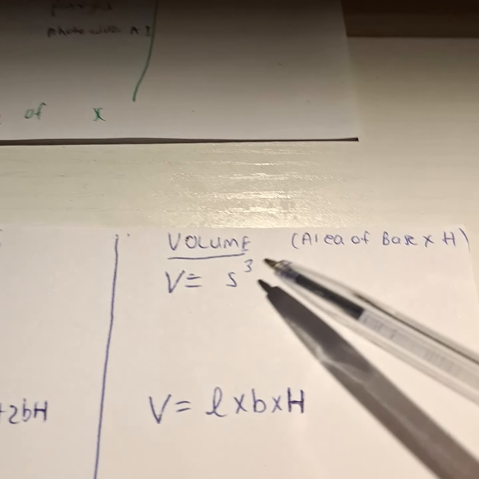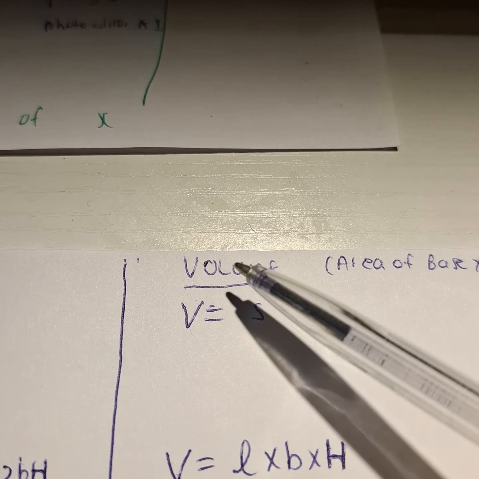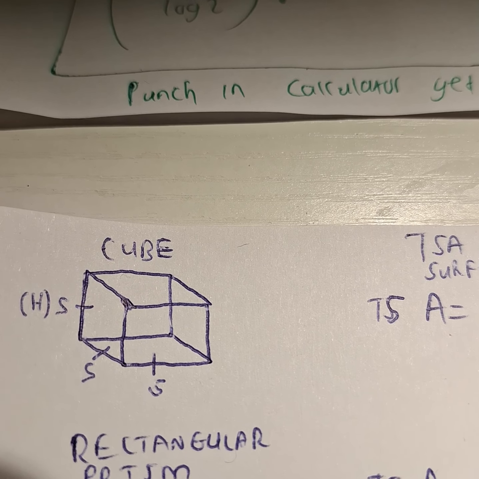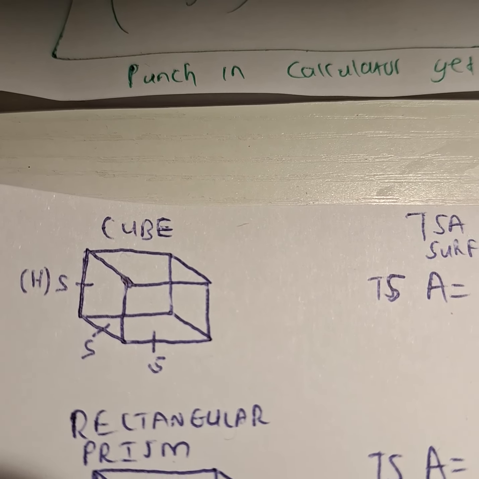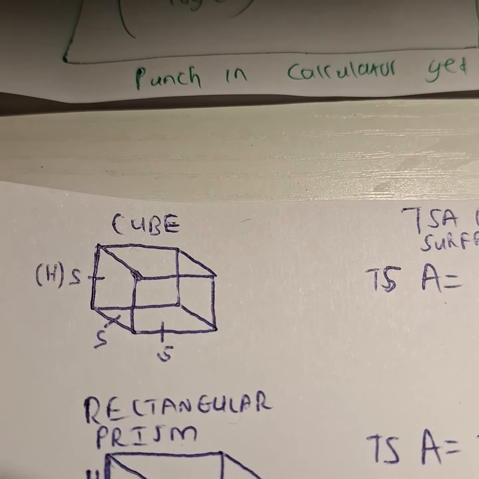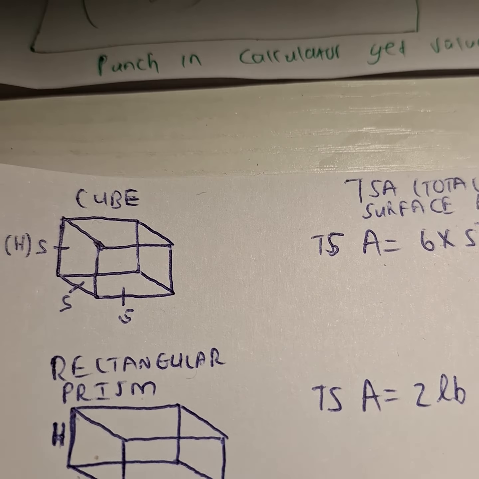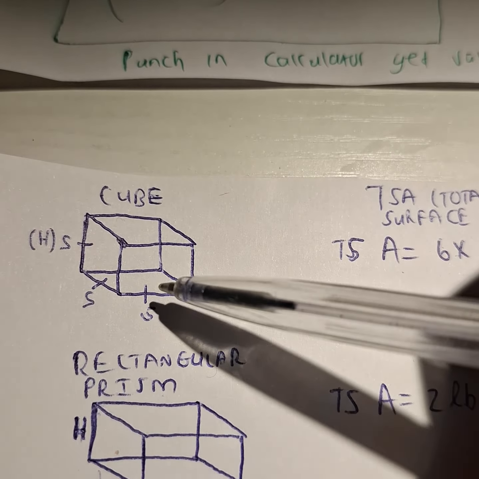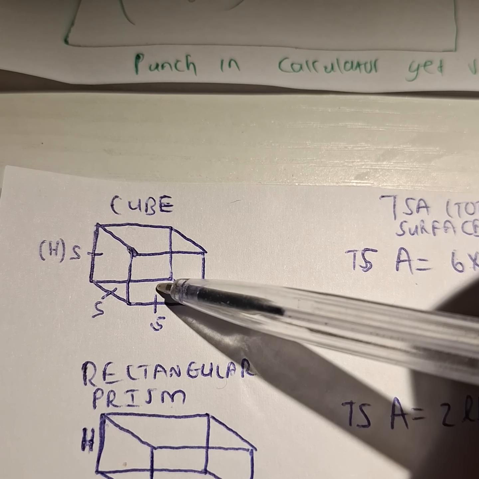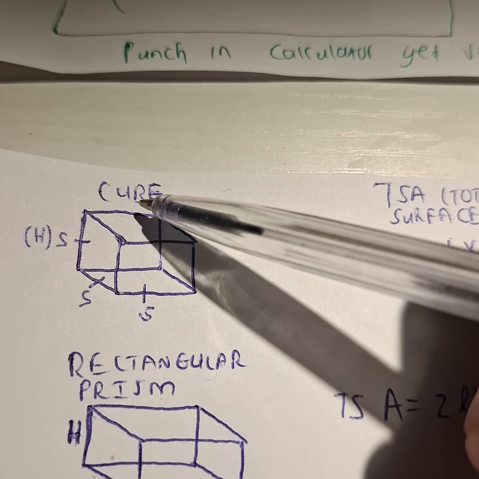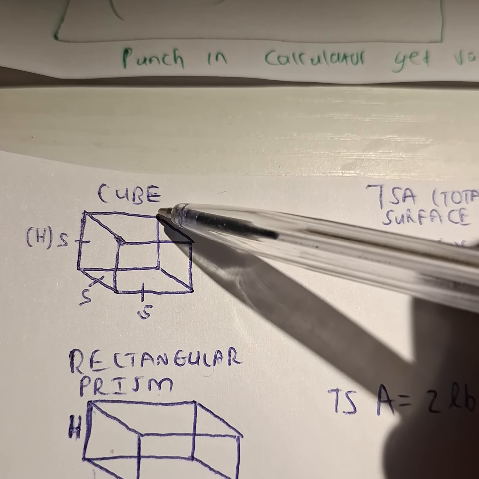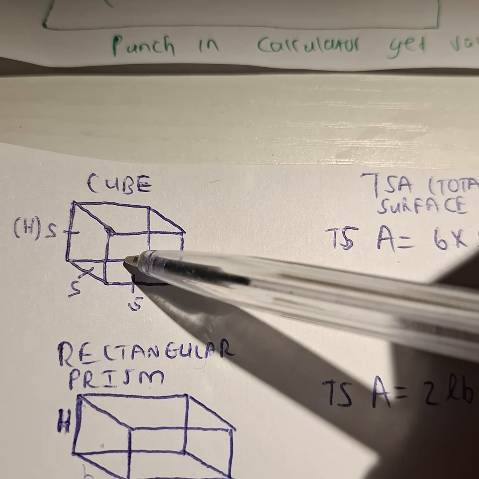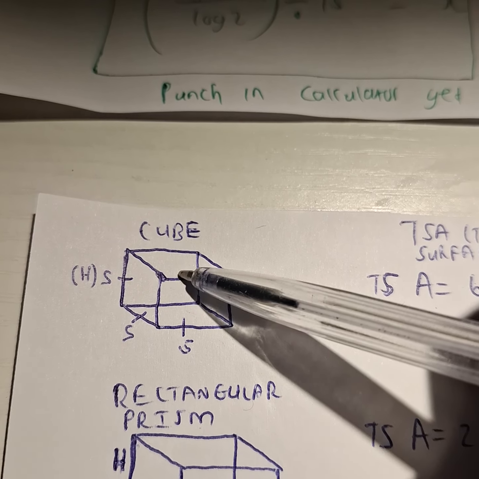The volume of a cube: we know that for any volume of a prism, the base in which you place that prism will have a congruent, identical two-dimensional shape at the top.